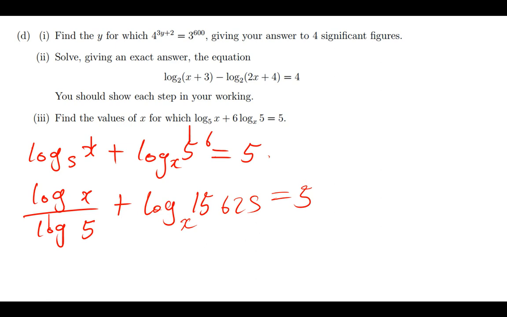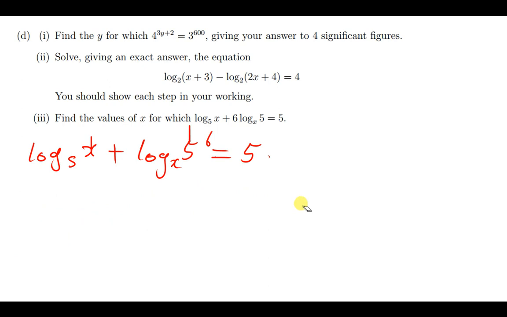Okay, let's simplify this equation. The simplest way we can solve this one is, let us do this. Let us say this one is just the same as log x over log 5, then plus this one is also just the same as log.